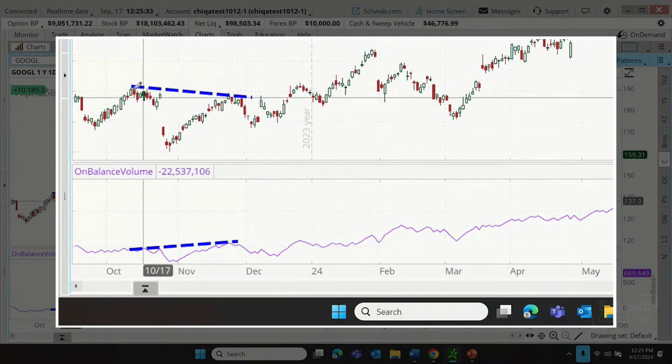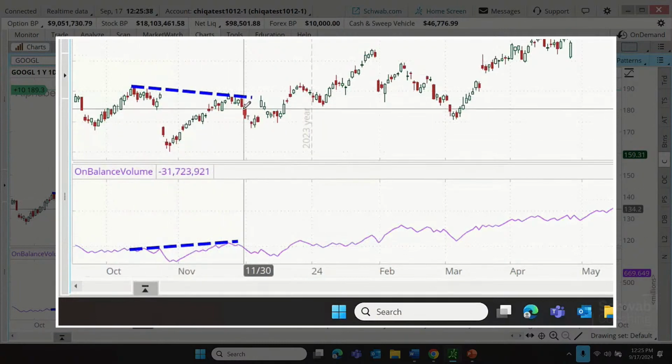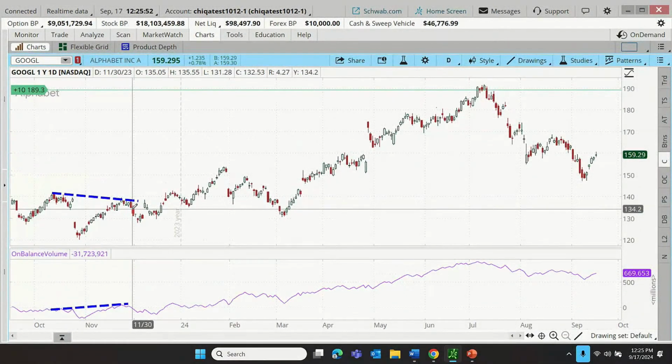Meaning, once again, despite the fact that price has been cycling downward, sort of a generalized interpretation of volume behavior is that the volume seems to be heavier on the comparatively fewer buying days than on the selling days. So maybe there's more enthusiasm for buying than is otherwise obvious on the price chart.